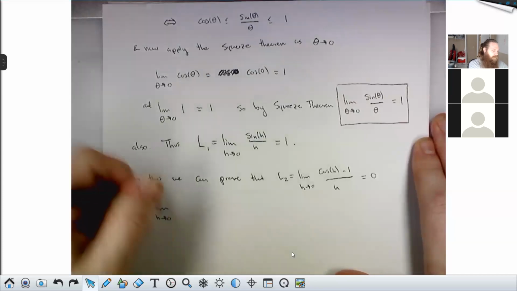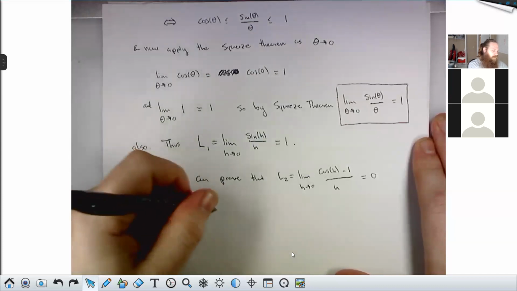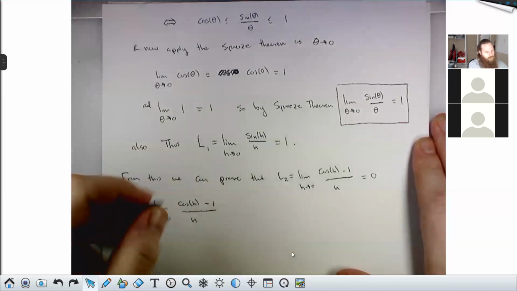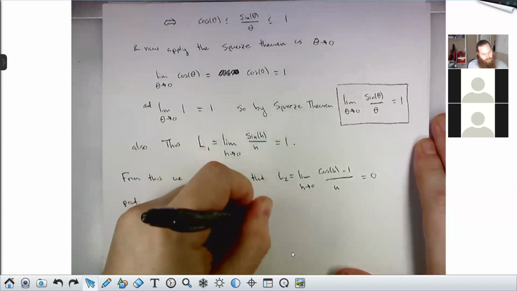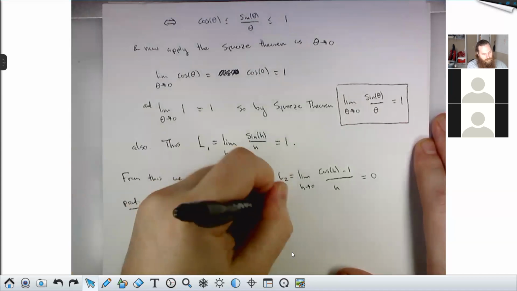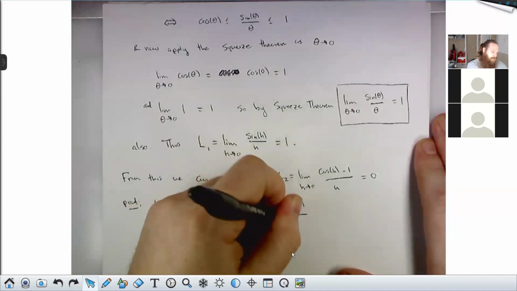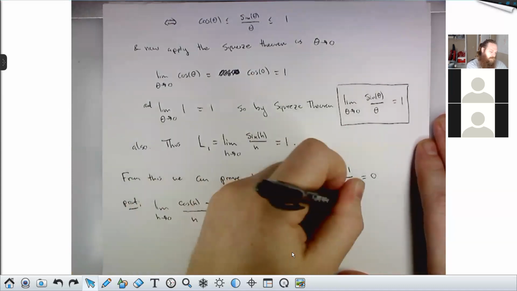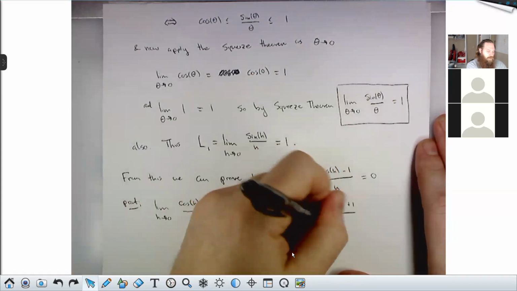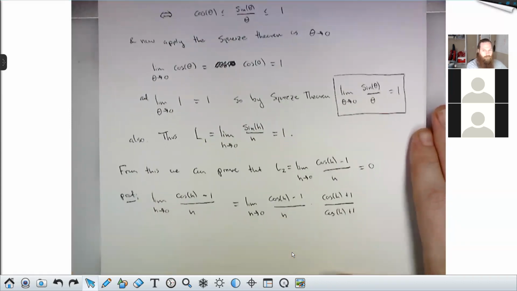Limit h to 0 of cos h minus 1 over h is equal to itself when you multiply by 1. But the way in which I'm going to multiply by 1 is as cos h plus 1 over cos h plus 1, like this.